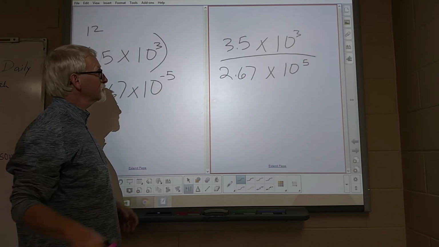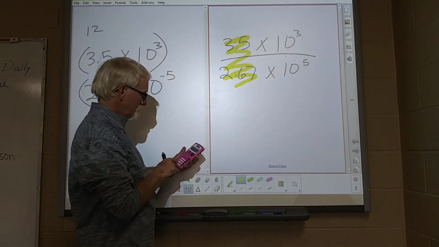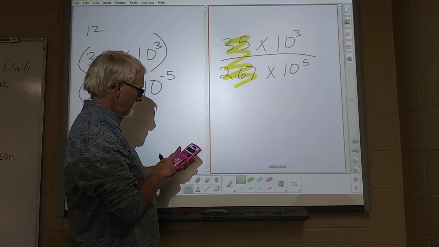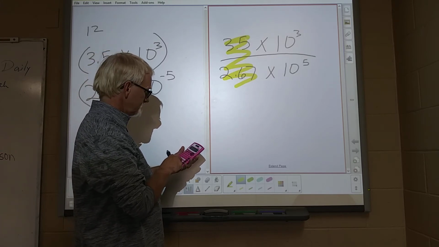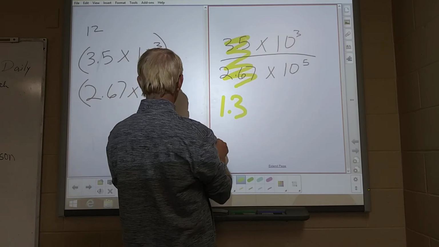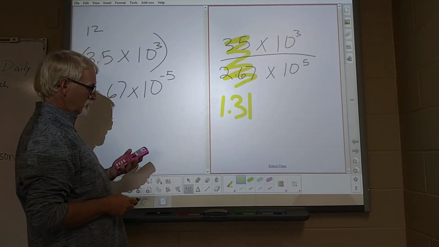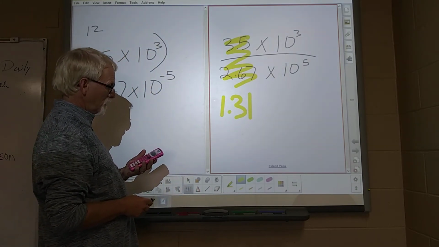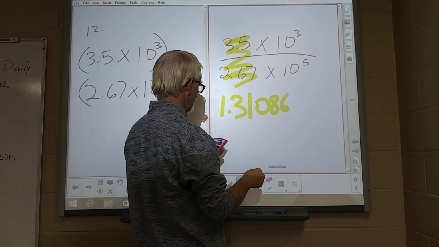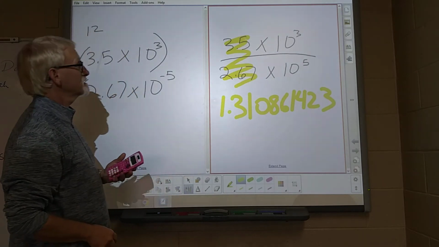So let's just do that and see what we get. 3.5 divided by 2.67 is equal to 1.31086... We'll just stop it there.